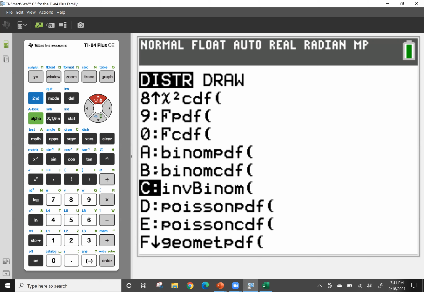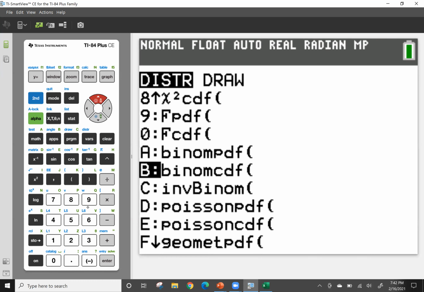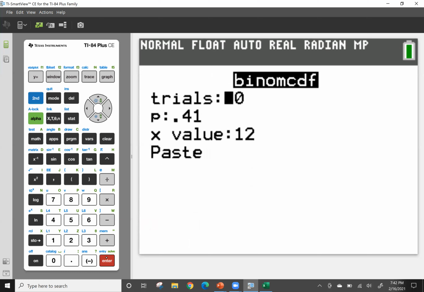The second one, B, is binomcdf. This is our cumulative binomial probability distribution, the one we use when we're trying to find the probability when it's less than or equal to. In our case, since we were trying to find the probability that X is less than or equal to 12, this is the one we're going to use. So we're going to use B.